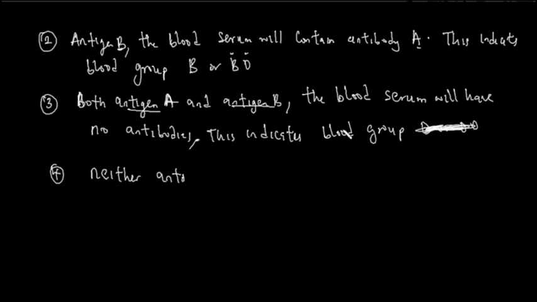You remember that I said in your note that the antigens in the blood cell are what determine the blood group. Did you guys get it? Look at the note. I gave a note before number 2. Can you read that note?